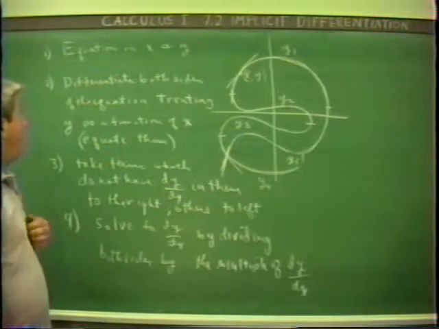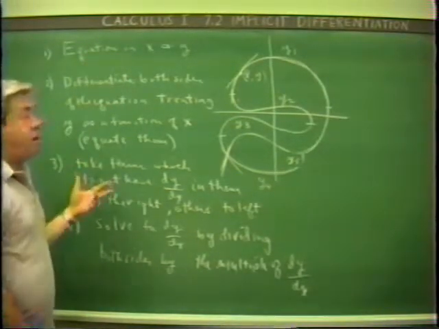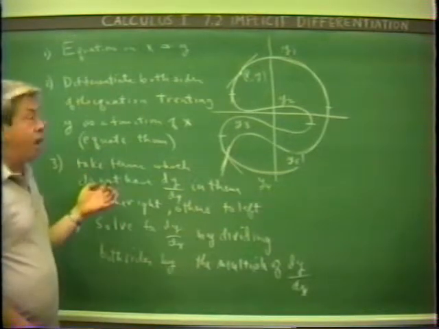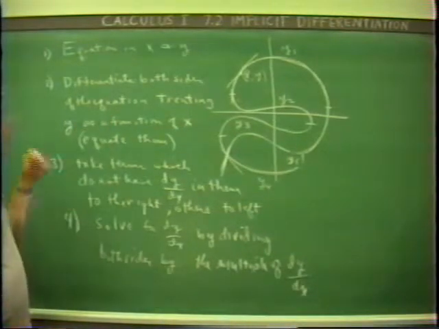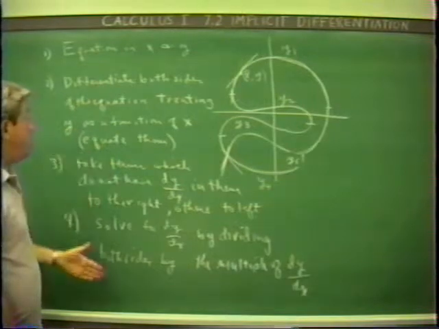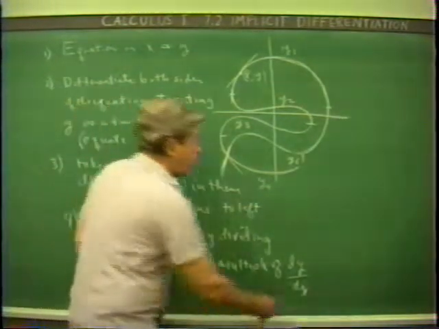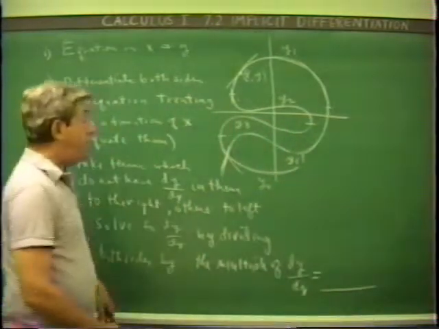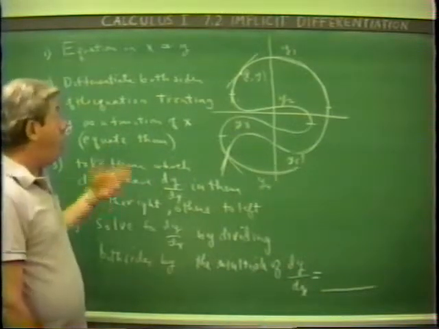Now, there's one thing that's worth noting here, and that is that if you take the equation in x and y, and you manipulate it algebraically somehow, multiply both sides by y or something like that, and now you proceed with this program, you will be able to do exactly what's outlined here, except for one thing. The expression that you get for dy/dx is not necessarily going to be the same as what you would get if you had not performed the algebra first.